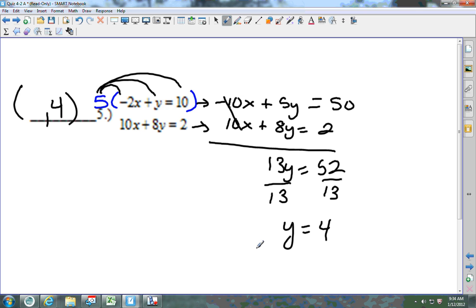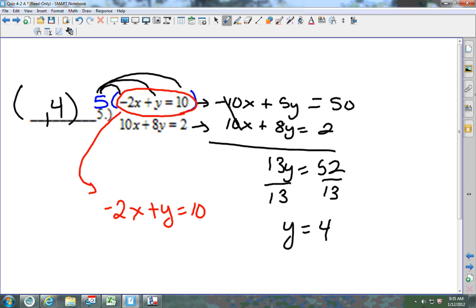So I have this. Now I need to find my x. It doesn't matter which one you choose. I'm going to choose this one right here. It has smaller numbers, if you want to know my reasoning. Sometimes I choose the bottom one because they're all positives. It doesn't matter. You'll still get the same answer. I'm going to take this 4 and put it in here for y.